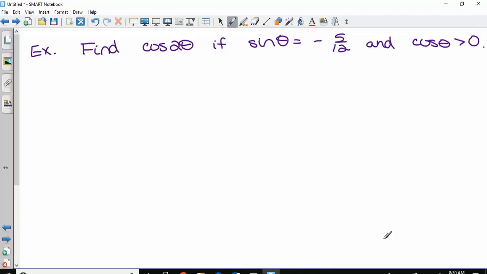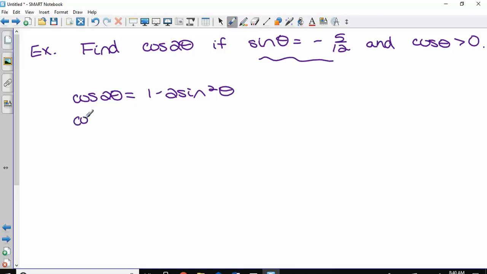How many options do we have? 3 options. Look at what I asked you to find. I need the cosine 2 theta, but what I gave you was sine theta. So which formula do you want? Not the only way you can do it, but this will be the most direct way.